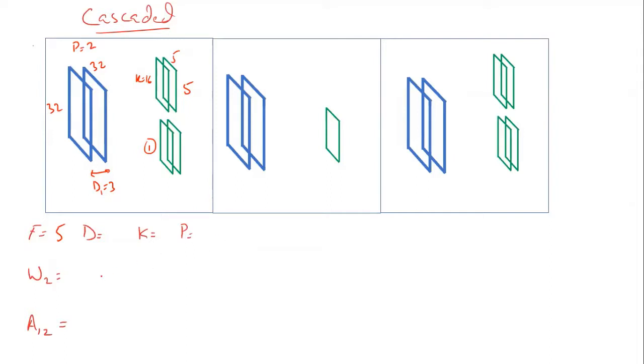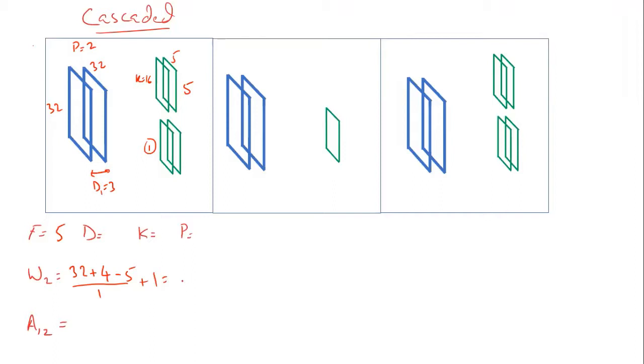So what's the output size going to be equal to? It's going to be 32 plus 2 times p. It's 2 on both sides, so it's going to be 4, minus the filter size, which is 5, divided by the stride, which I think was 1, plus 1.